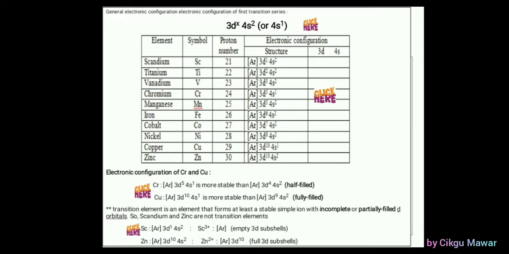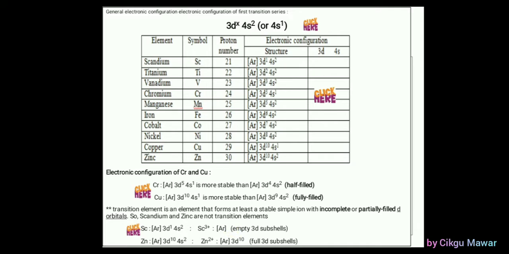Why does this happen? Let's take a look at the electronic configuration for scandium. It has 3d1 4s2. In order to form scandium 3+, it will remove the 3 outer electrons, starting from 4s2 and 3d1, so what is left is 18 electrons, which is argon.